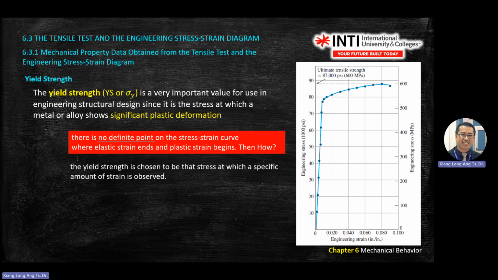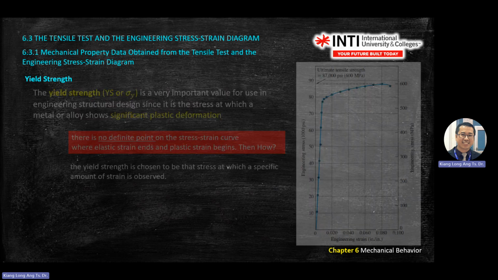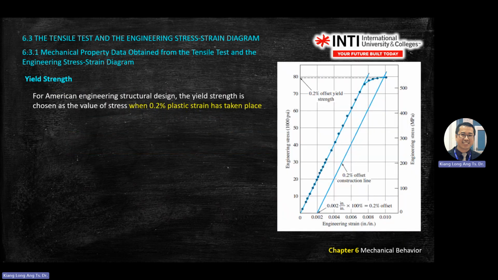Or you see the question in the test: identify from the graph the yield strength value by using 0.2% analysis. It means you go to the graph, you identify 0.2%, you identify the 0.002 mark point, then you draw a line. Okay. So here is how I showed on the whiteboard just now.